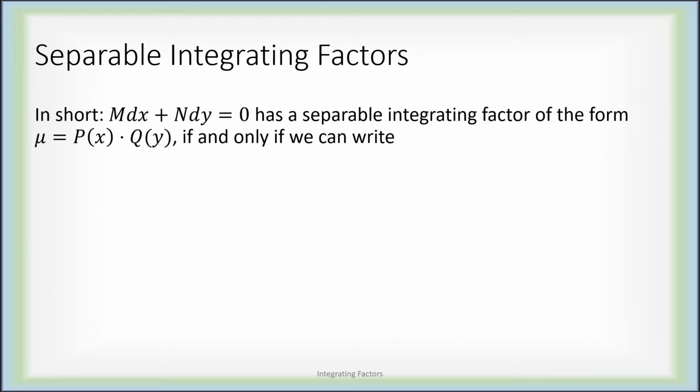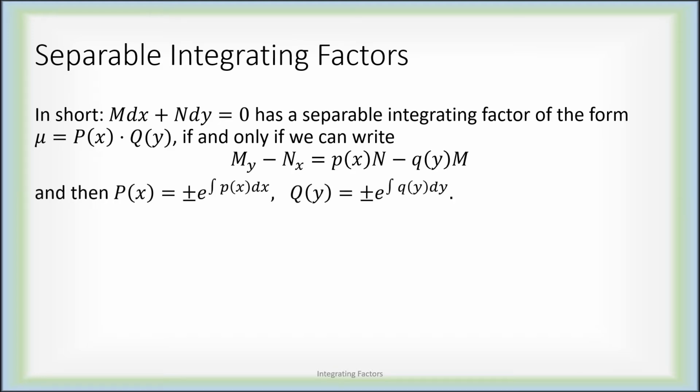So in short, if this differential equation has an integrating factor, and that integrating factor can be written as capital P of x times capital Q of y, that will work out if and only if M_y minus N_x is a function of x times N minus a function of y times M. And then I can compute capital P and capital Q through these exponentiated integrals.